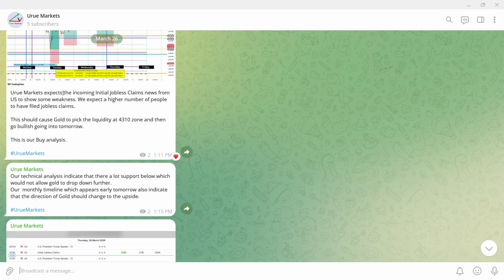UrueMarkets expects the incoming initial jobless claims news from the US to show some weakness. We expect a higher number of people have filed jobless claims. This should cause gold to pick the liquidity at the 4310 zone and then go bullish going into tomorrow. This was yesterday, going into tomorrow, which is today.